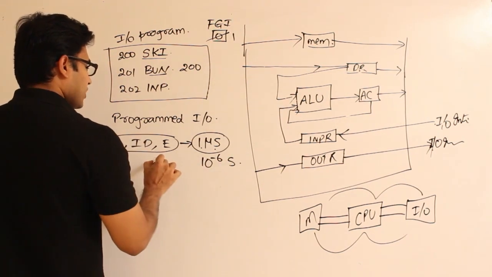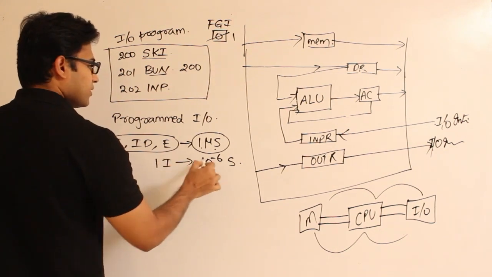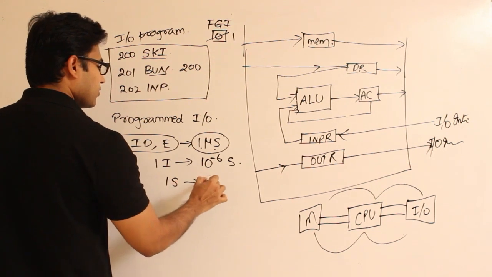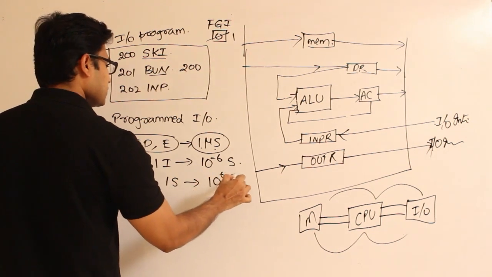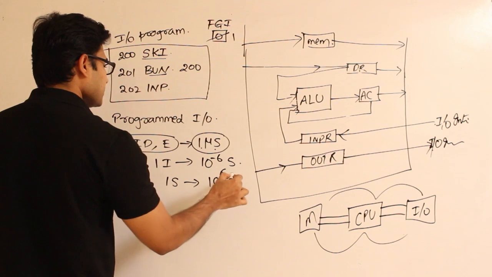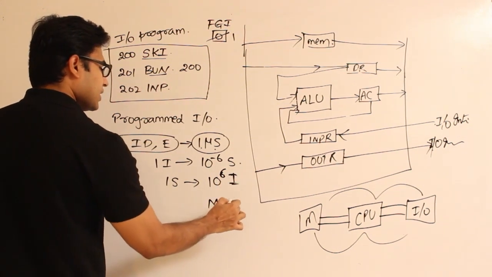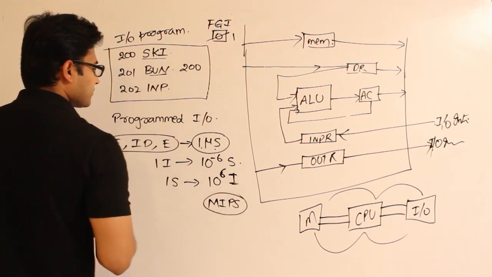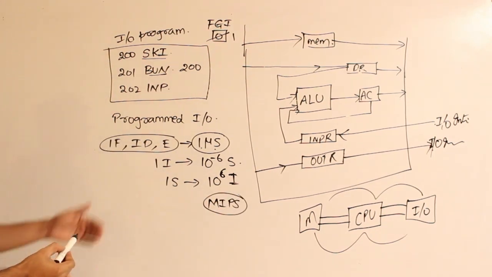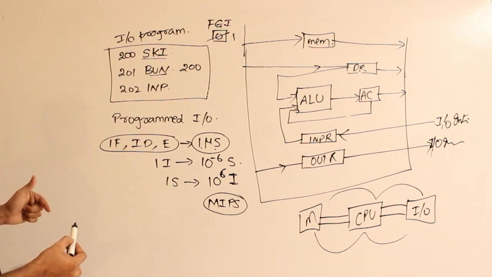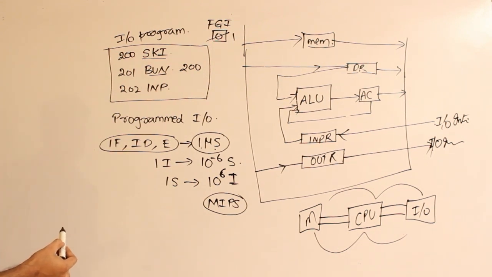So for one instruction we are going to take this much time. Then in 1 second I could actually execute 10 power 6 instructions, which means 1 million instructions. That is also sometimes symbolically written as MIPS, million instructions per second, right? So that is the capability of our simple computer. It can execute 1 million instructions in 1 second.